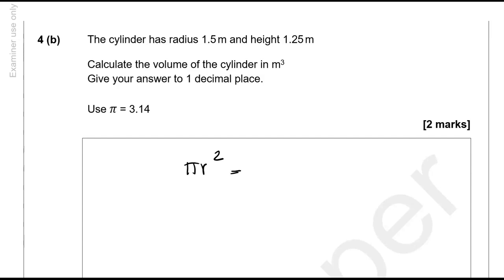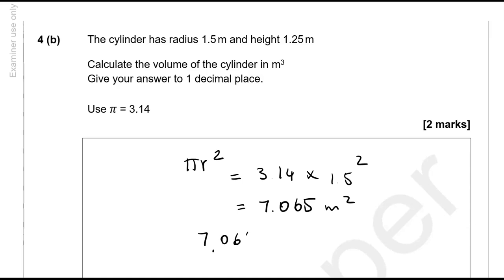So we are going to use 3.14 multiplied by the radius, which is 1.5 squared. So plugging this in the calculator gives us 7.065 square meters.